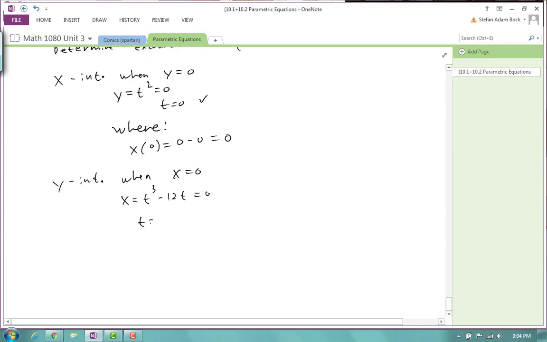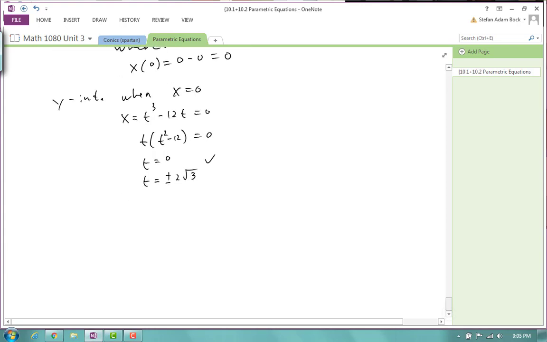I get t multiplied by t squared minus 12 equals 0, which means t is equal to 0, or t is equal to the square root of 12, which is plus or minus 2 root 3. Now again, these are when the y-intercepts occur. It does not tell us where the y-intercepts occur.